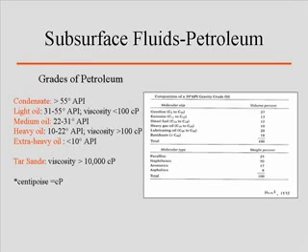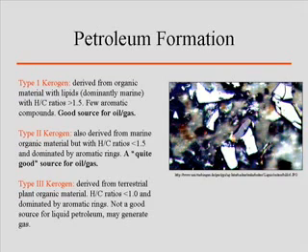Fracking will cause localized breaking of the rocks to increase the amount of local porosity to get more oil into it. And there are three types of kerogens: type 1 kerogen, type 2 kerogen, type 3 kerogen. It depends on where stuff is or where it comes from in terms of origins.